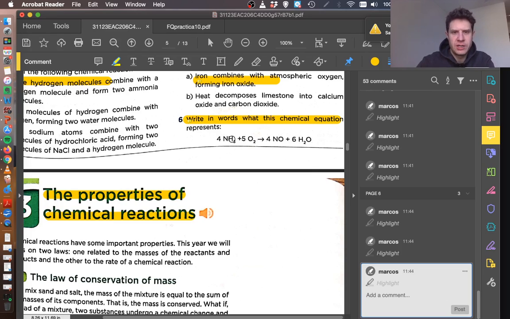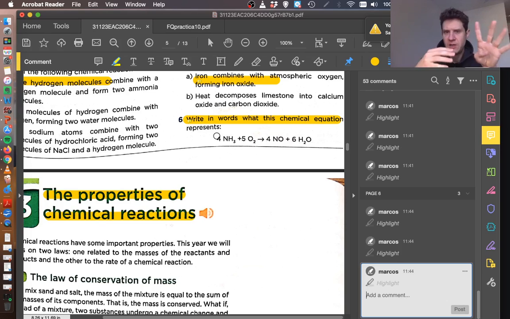This relationship is maintained. We have 4 molecules of ammonia and 5 oxygens. That's the proportion, and it is constant.